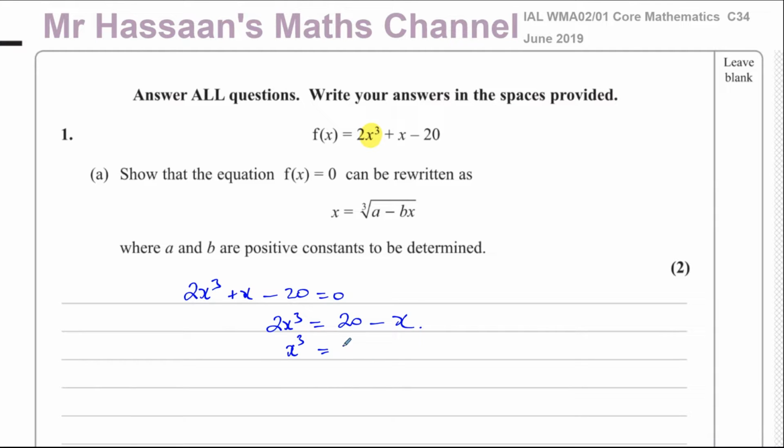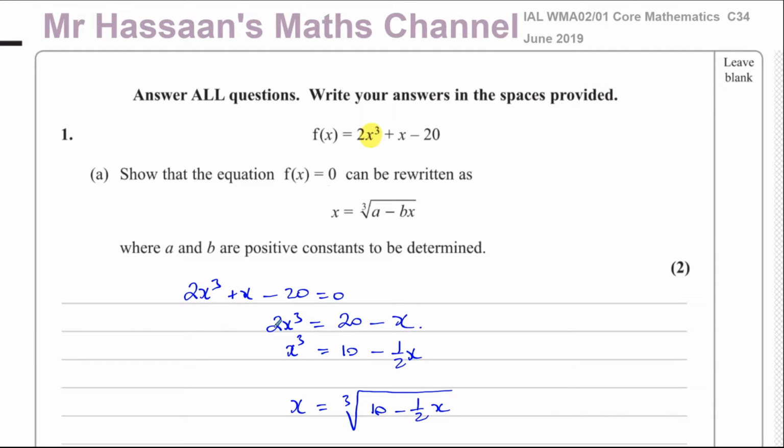So 20 divided by 2 is 10, and x divided by 2 is x over 2, or a half x. And then simply cube root both sides. So x is equal to the cube root of 10 minus a half x. Remember, we don't have to put plus or minus because this is an odd root. There's only one solution, not two.